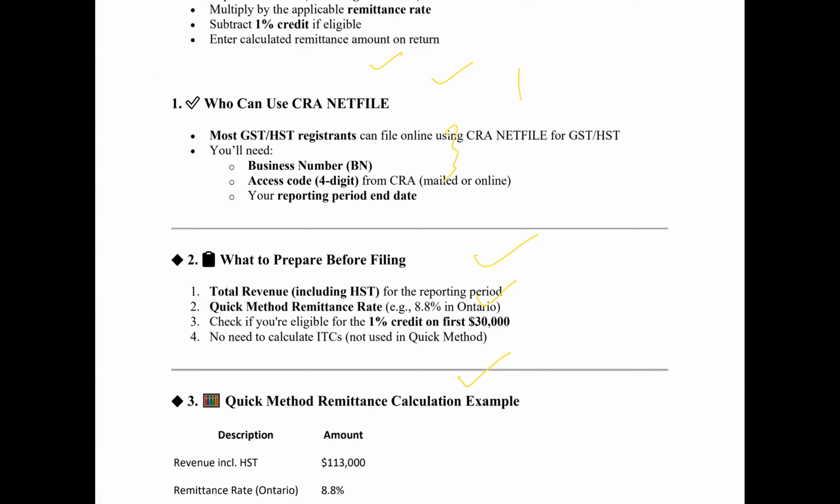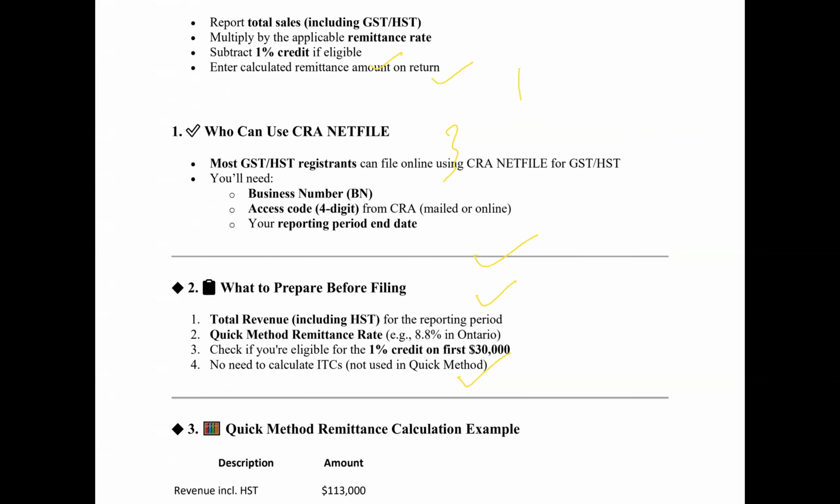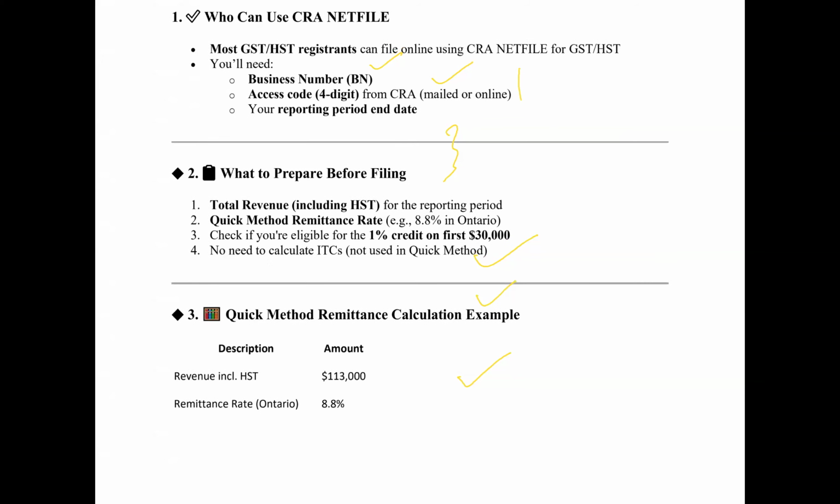I'll show you this part. I can't log in, but I'll show you how to file from the net filing. You just go and you have to fill in this information. This is the thing that you have already done.